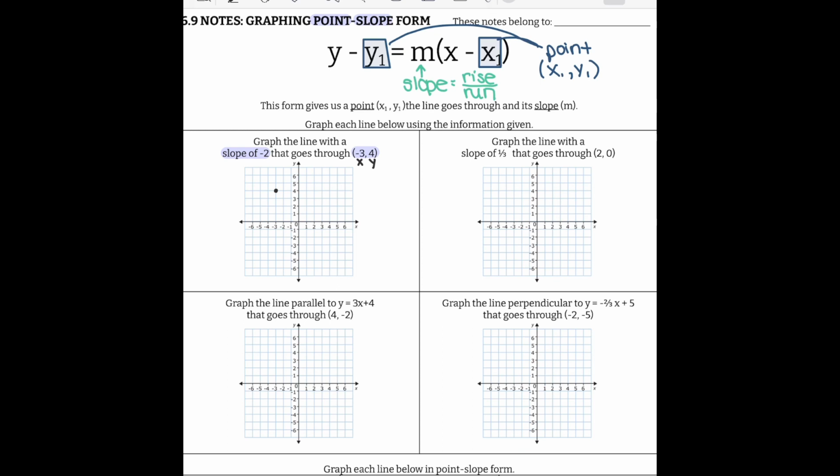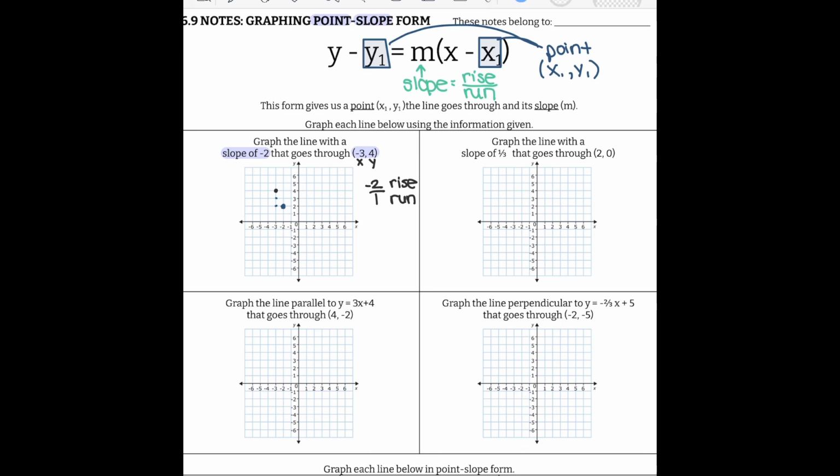Then to have a slope of -2, that's really going to be -2 over 1, leaving -2 as our rise and 1 as our run. So I'm going to rise -2 and run 1.